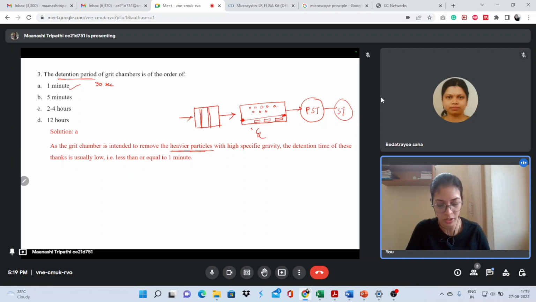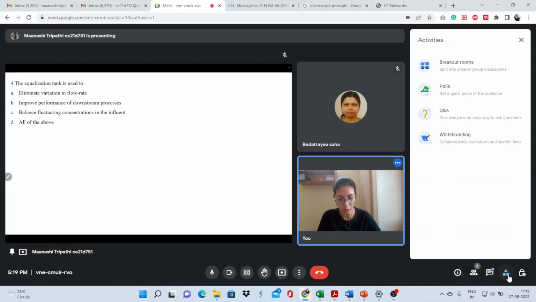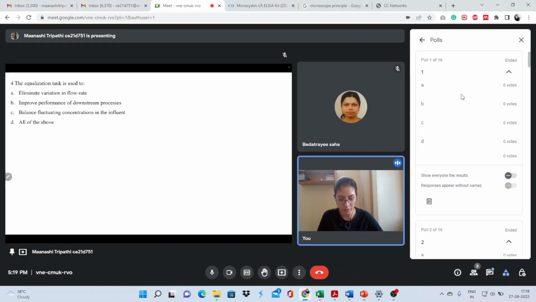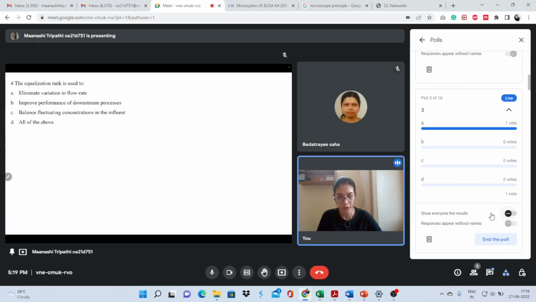Moving towards next question, question number 4. The equalization tank is used to eliminate variations in flow, improve performance of downstream process, balance fluctuating concentrations, or all of the above.